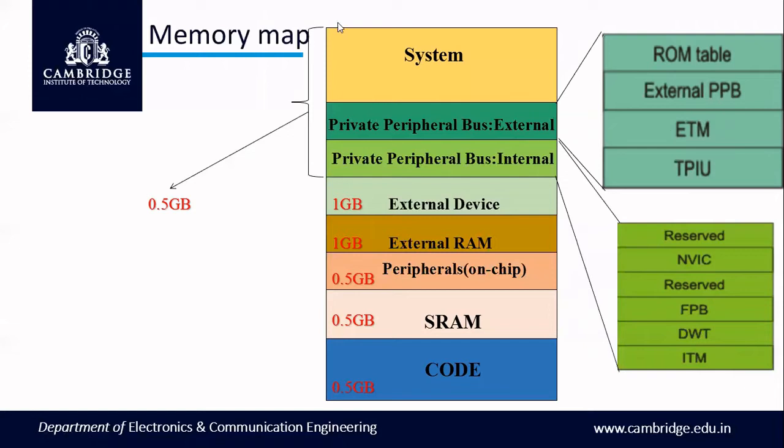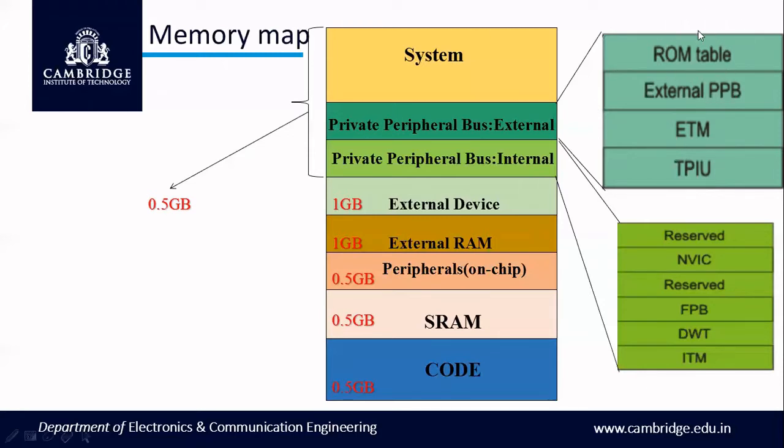Next, in this external PPB region, you have the TPIU, which stands for trace port interface unit. It is a component for converting the trace packets from the trace sources to a trace interface protocol so that the trace data can be captured easily with a minimal set of pins.